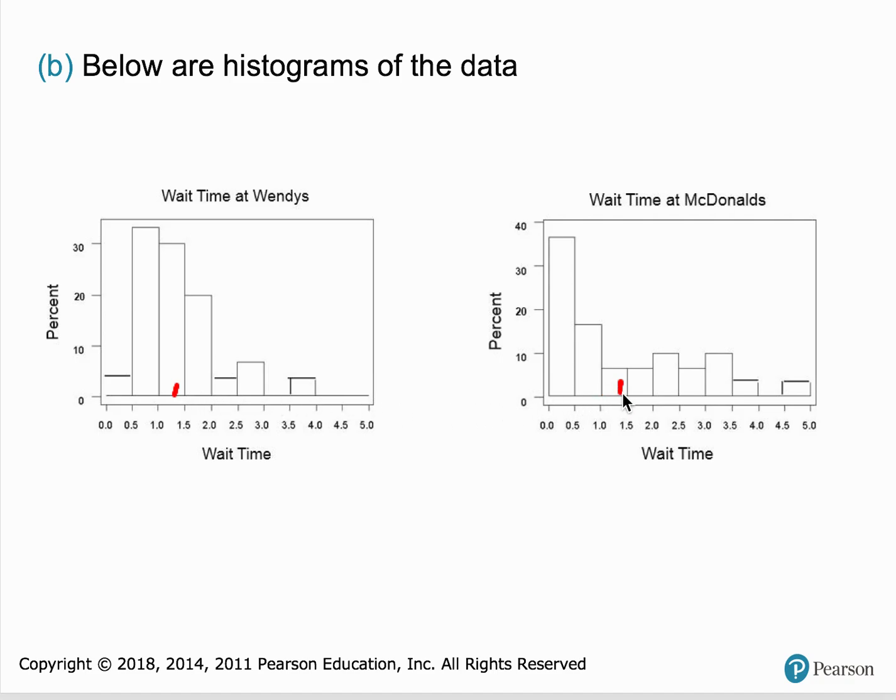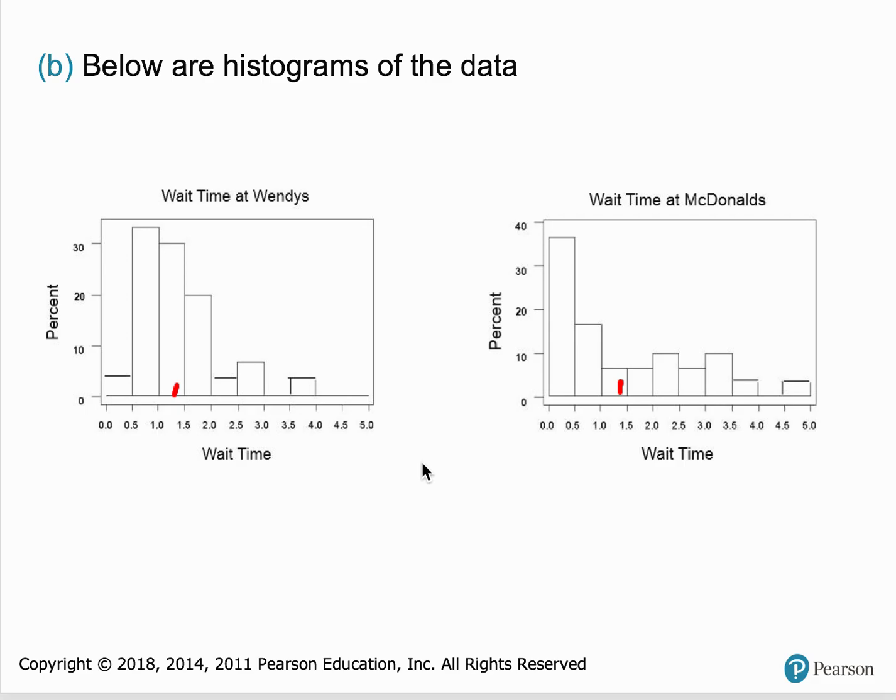At McDonald's, there's a bunch of values that are way spread out. Look how many are here, and then how many are down here. So the histograms suggest that this data is more dispersed, more spread out. The goal of this section then is to discuss numerical measures of dispersion so that the spread of data can be quantified.